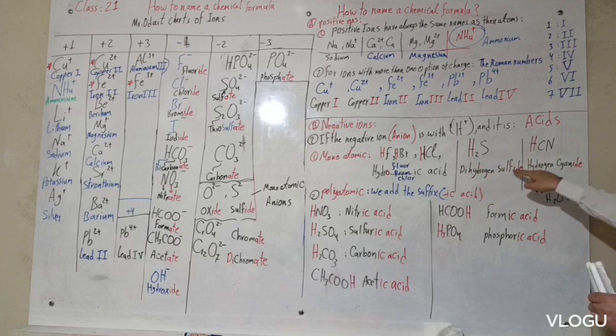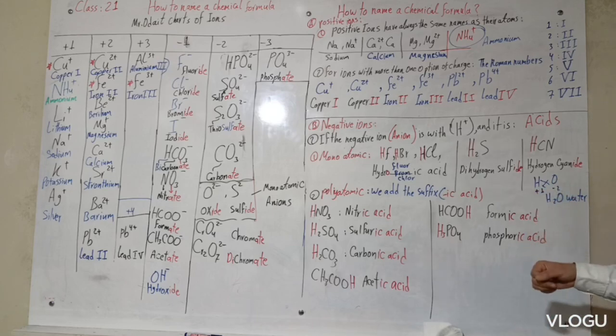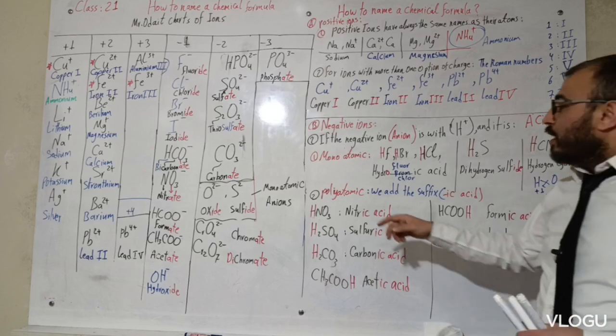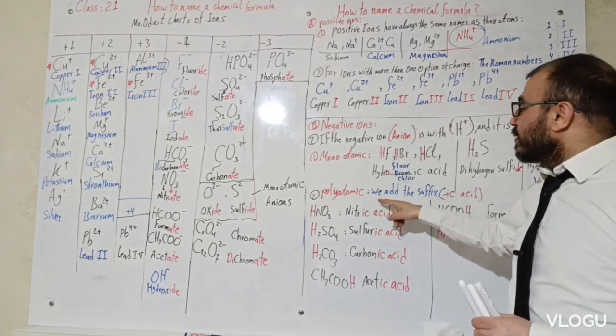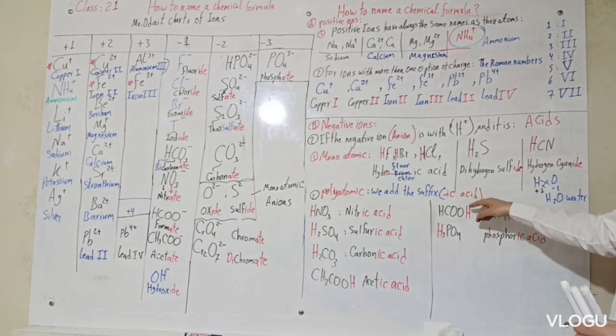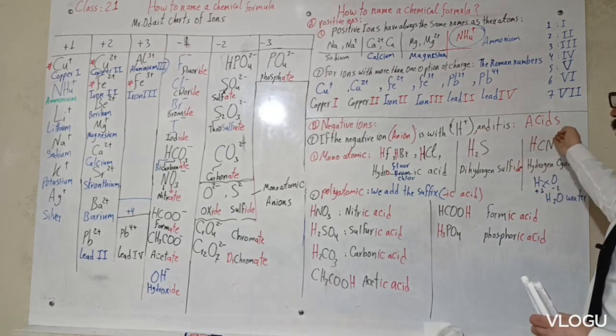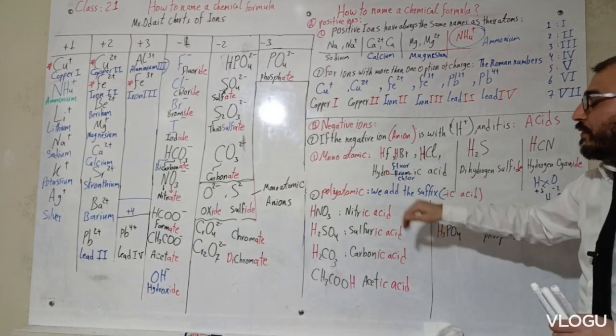We have here dihydrogen sulfide, we have hydrogen cyanide, and for oxide it becomes water because hydrogen with oxide becomes water. Generally, polyatomic anions, when they are attached to hydrogen, also are acids, but the name is different.